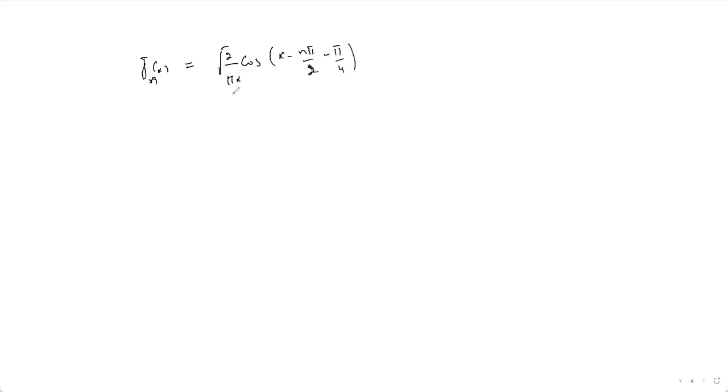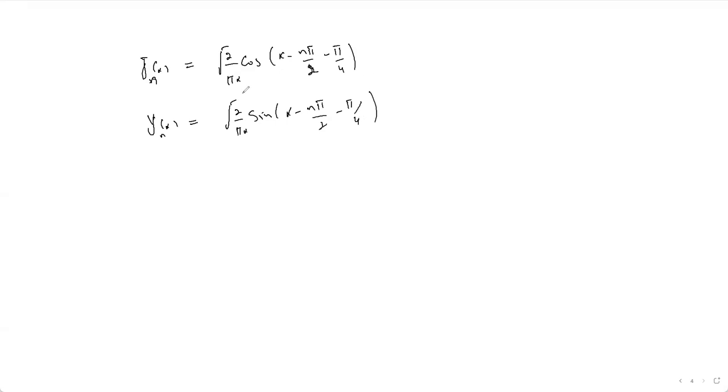Go through that exercise, we have obtained these values. And also this yn of x is given by under root of 2 by pi x, then sine of x minus n pi by 2 minus pi by 4 from the previous cases.